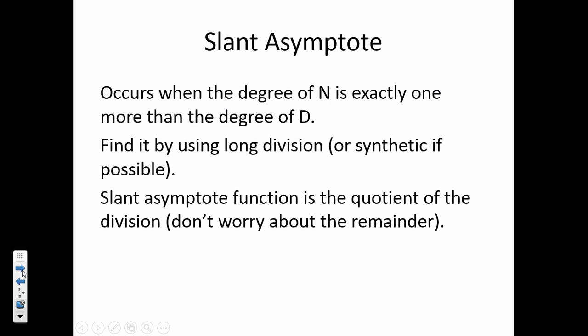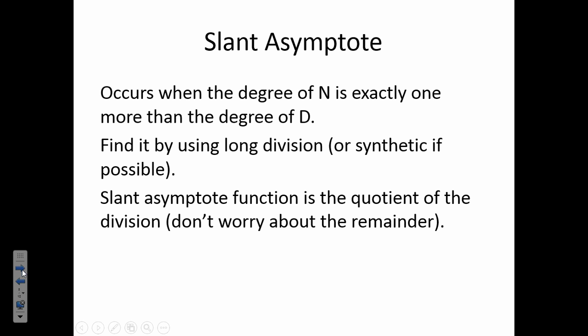All right. Let's talk about slant asymptotes. So your slant asymptote occurs when n, the degree of the numerator polynomial, is exactly 1 more than the degree of the denominator polynomial. Exactly 1 more. So if we have an x squared in the numerator and an x in the denominator, we're going to have a slant asymptote.